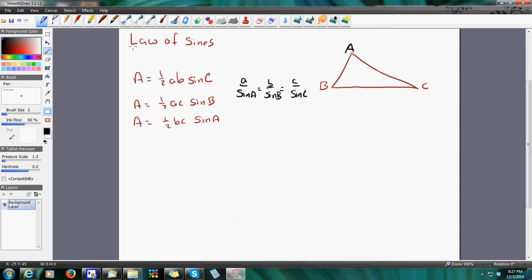I don't want to use values that aren't going to work, but let's say I put in big C is 67, little b is 56.3, little c is 80.2, and I want to find angle B, so that's theta.